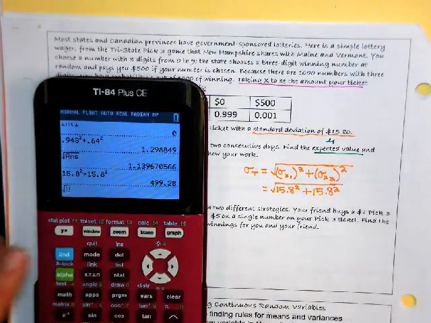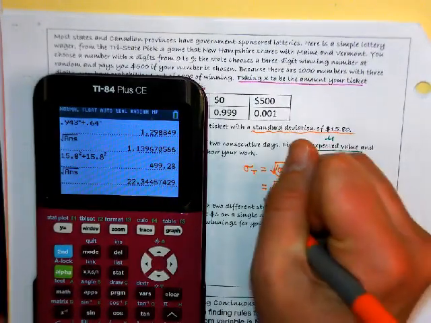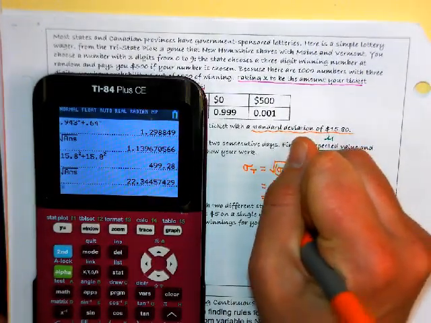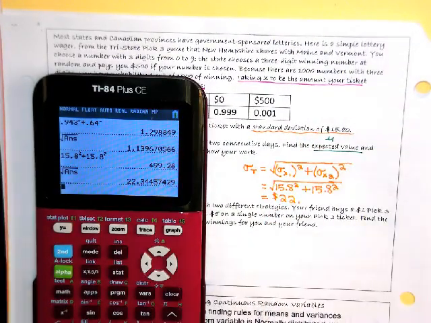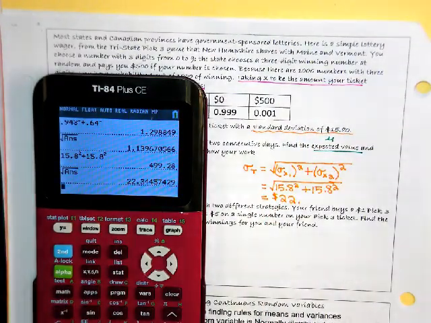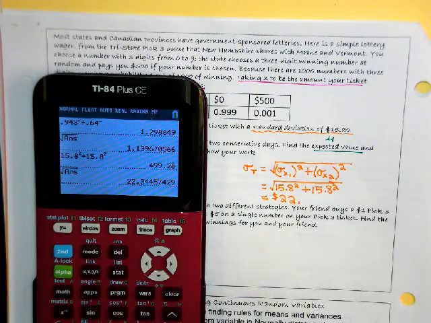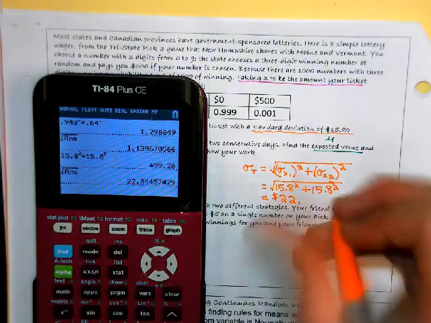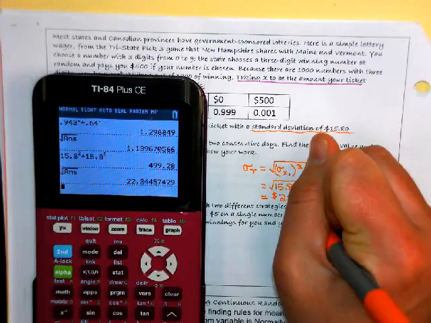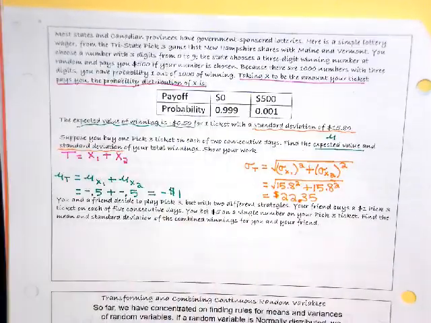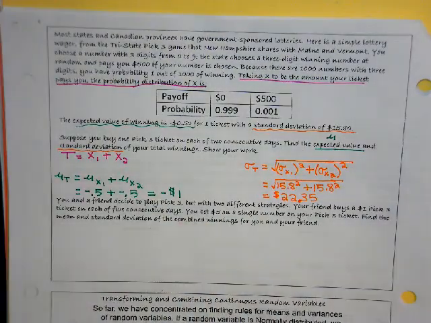So we get a standard deviation of 22 point, how many decimals am I going to go to? 2, because it's money. So that'd be what, 3.5 if I round. Sorry, my 3 and my decimal ran into each other. Questions?